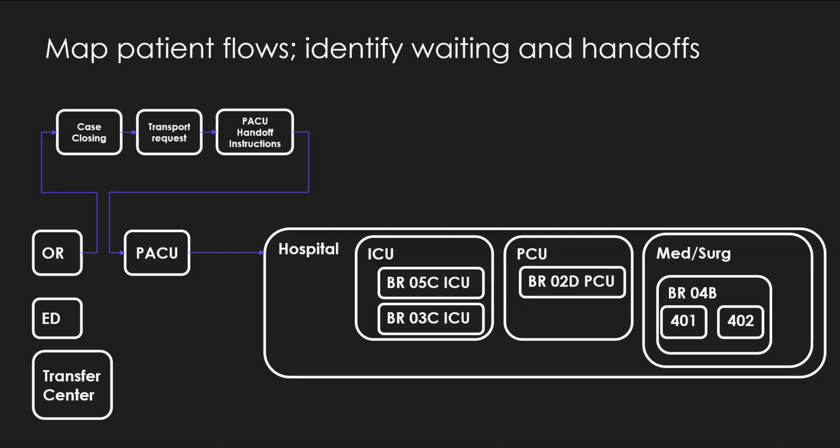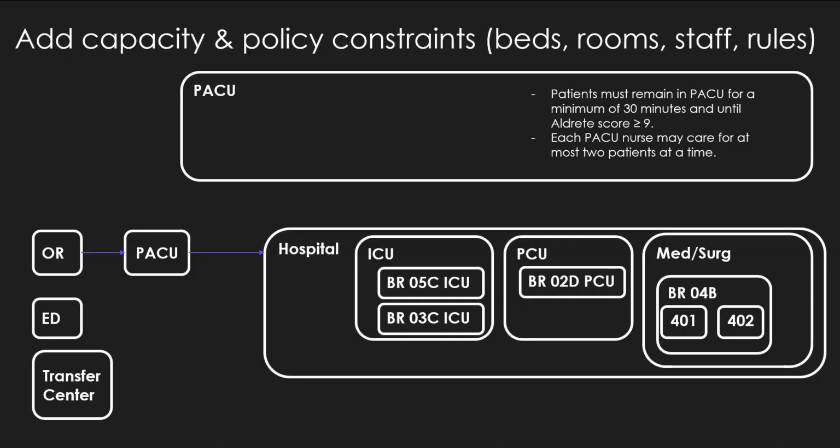Be wary of diminishing returns when the question gets this complex or this deep and detailed, but you need to follow your proponents through their problems to understand, okay, are we going to need to model out each of these pieces, or will we stay back at this high level, just OR to PACU, where I'm going to keep you today. After that, we'll talk, after we've got the units that are meaningful to us, OR, PACU, and hospital in this instance.